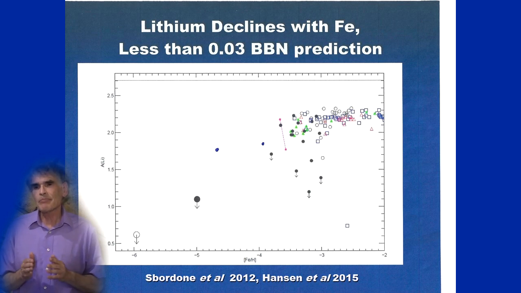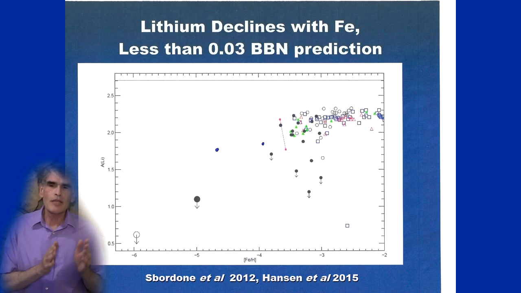The spike plateau is a consistent level of lithium, which is a factor of approximately 4 below the theoretical horizontal line, which is the prediction of the hot Big Bang model. So there's far less lithium than would be predicted in a pristine galaxy before any star formation has taken place.